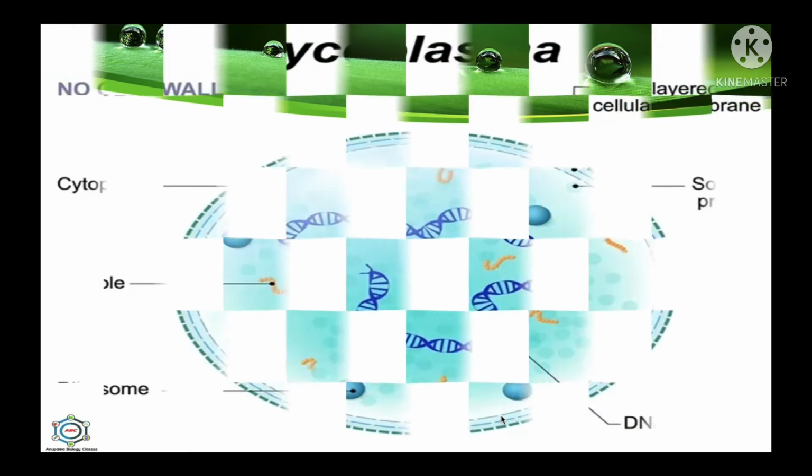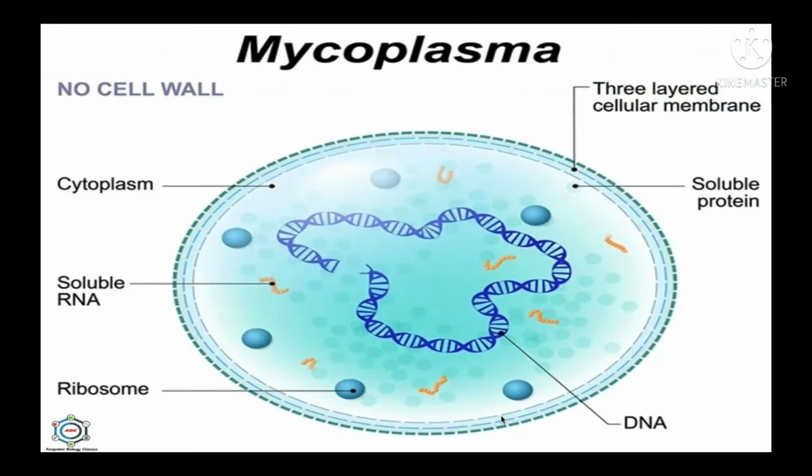Mycoplasmas are typical monerans, that means prokaryotes, that occur saprotrophically in soil, sewage water and in decaying organic matter. They can survive without oxygen. Some mycoplasmas occur parasitically and pathogenically in plants, animals and in human beings.